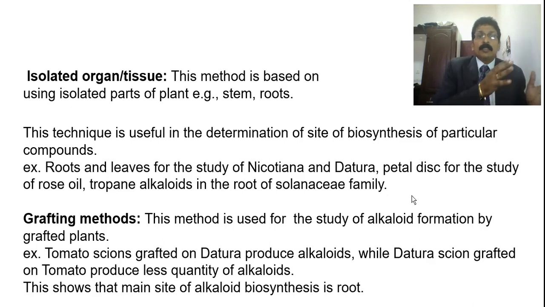So when a tomato scion is grafted on Datura, it produces alkaloids, while a Datura scion grafted on tomato gives less quantity of alkaloids. So that shows that the site of alkaloid production is the root of Datura. So that's why this type of confirmation can be done by means of this grafting technique. So that's an example to identify.